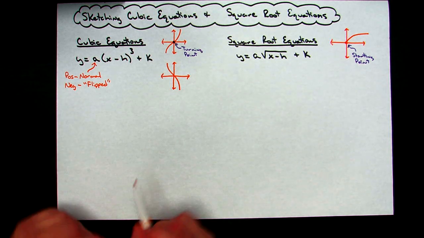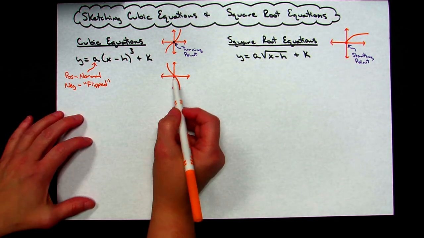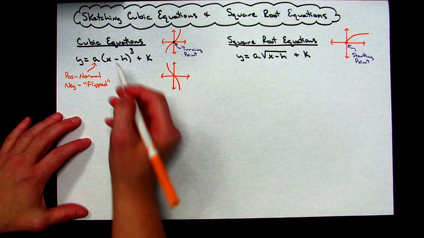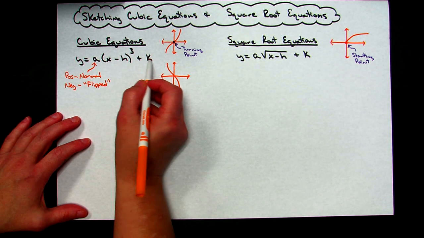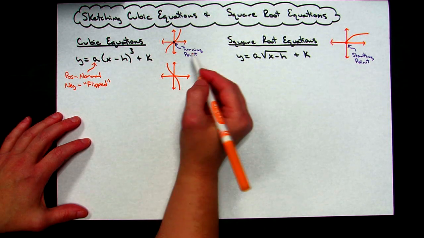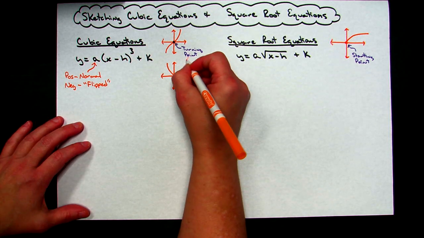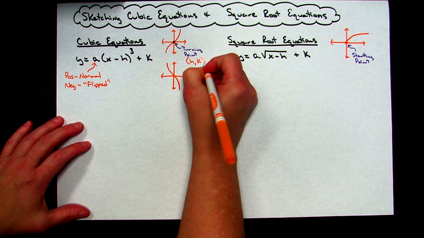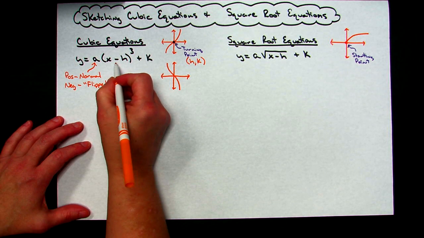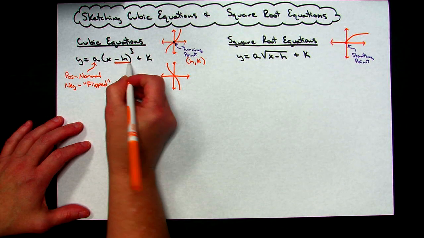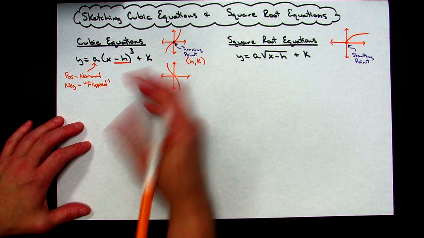Now, to determine whether or not this has been translated away from the origin, you're going to take a look at your h and your k here. This h and k is going to give you the coordinates of the turning point, (h, k). So if I don't want to pull out the actual point, I can just translate it.